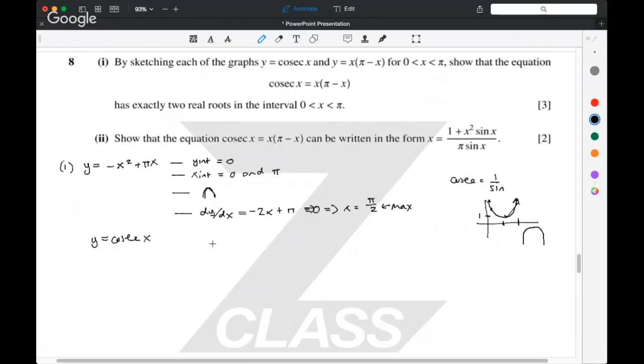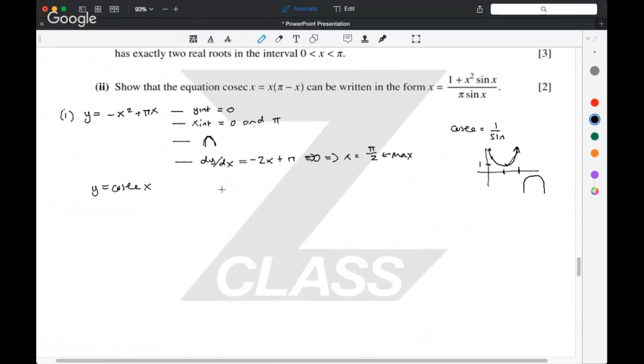So if we plot these two together between 0 and pi, which is what they want us to do, let's say pi is over there, and here's pi over 2. There's 1. So here is our cosec function, exaggerated. And what about this guy?